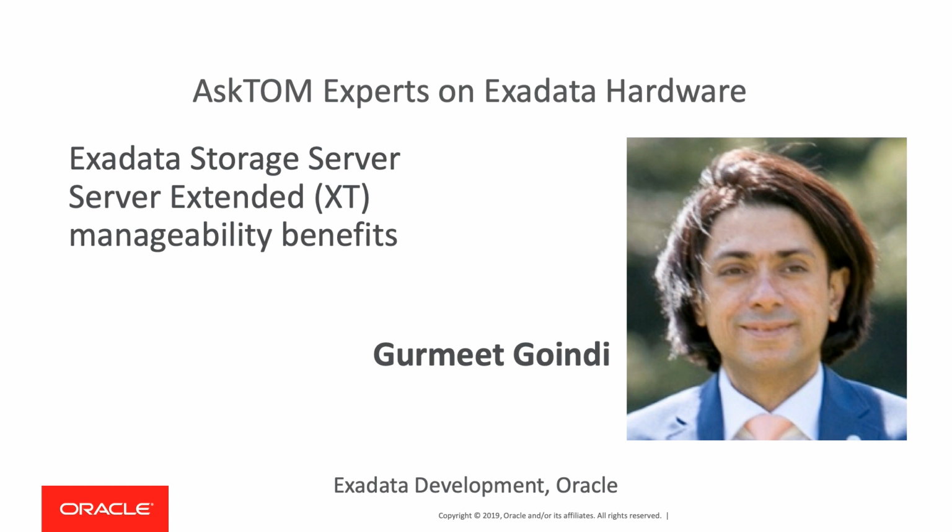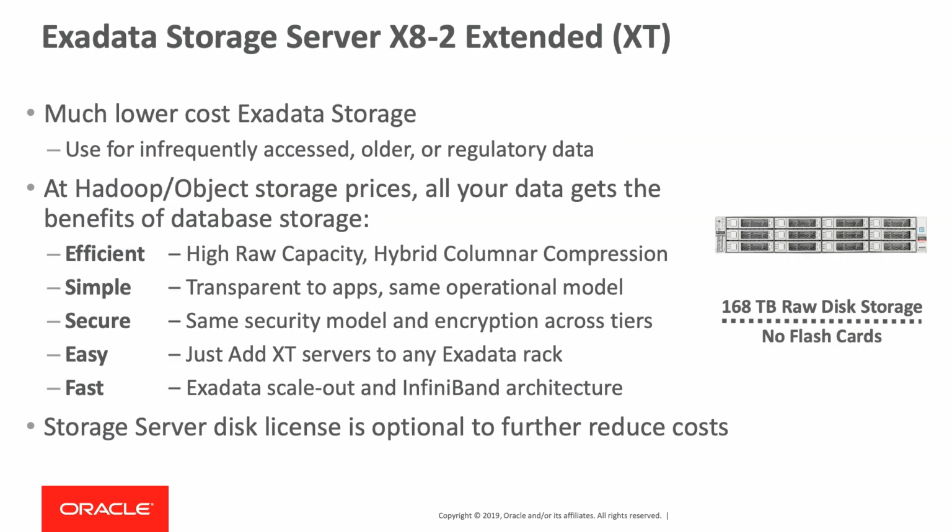So that was the fourth lever of advantage. Not only do we reduce the acquisition cost, not only do we reduce the software cost, not only do we give you ultra-high compression in an integrated database format, you also benefit from the management cost of the system.